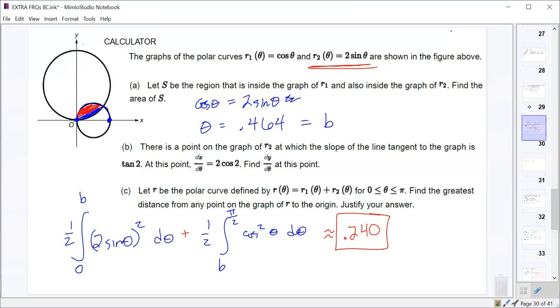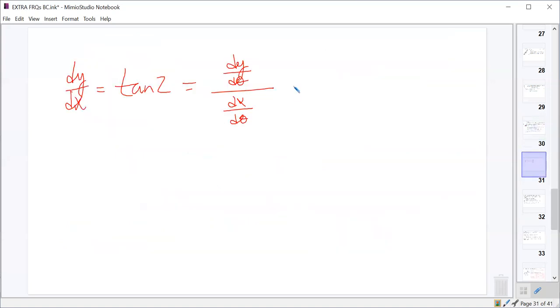And it tells us that dx d theta is 2 cosine 2. So dy d theta over 2 cosine 2. Well, dy d theta must equal 2 sine of 2. Otherwise, there's no way to make that true.